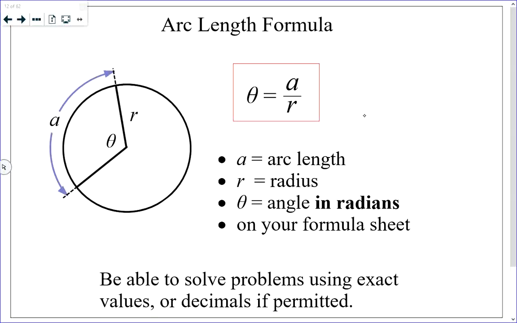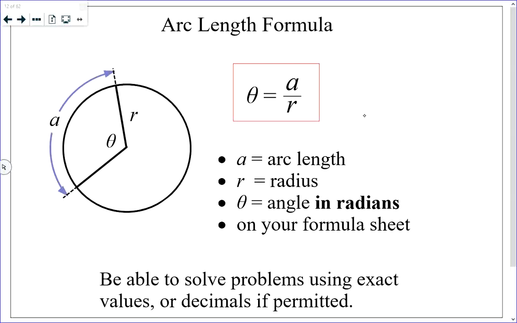So for example, if you're going to use this formula in a problem on an exam to calculate an angle, and the angle needs to be in degrees, then you would calculate the angle using the formula. You'd say to yourself that that's an angle in radians, and then you would convert it to degrees.